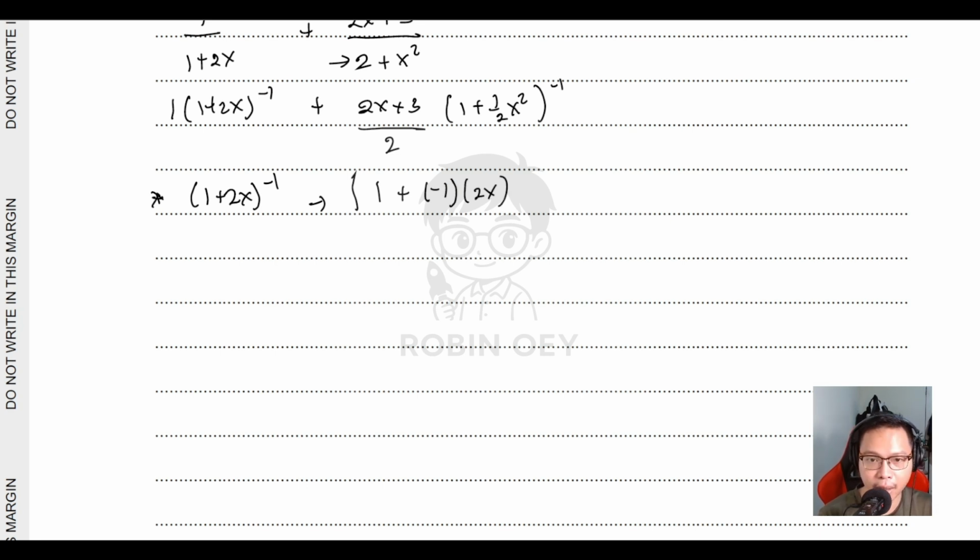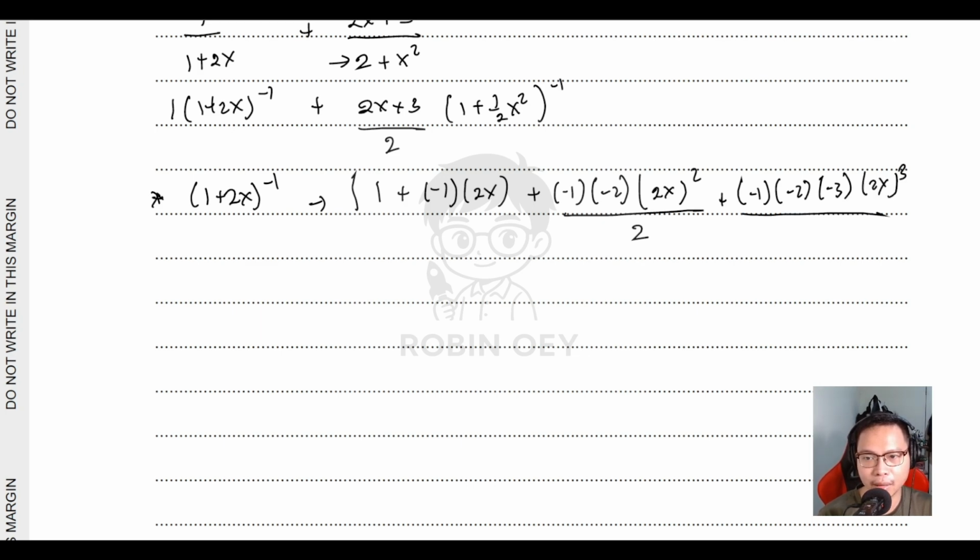And then next would be negative 1 times negative 2 times 2x to the power of 2 divided by 2. Then next would be negative 1, negative 2, negative 3, 2x to the power of 3 divided by 3. Sorry, 3 times 2 times 1, so 6.